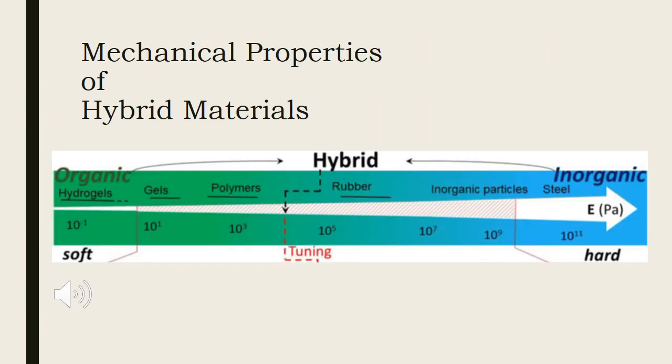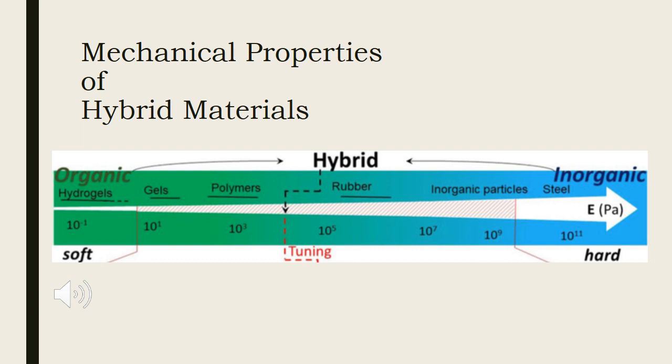Tuning mechanical properties is identified as a very important functionality enhanced by adding two different phases. These are inorganic and organic. Hybrid materials are tailored to match mechanical properties of required materials.